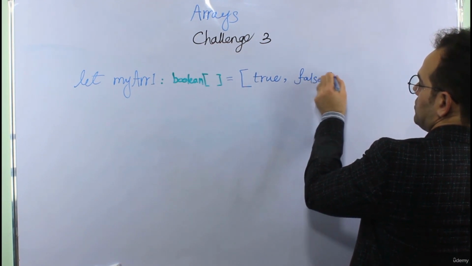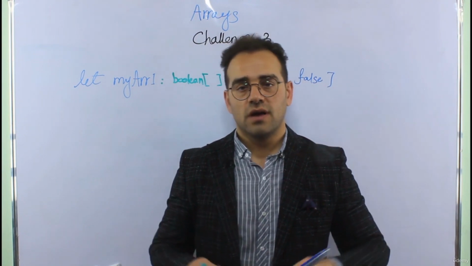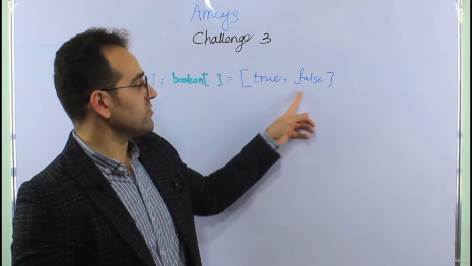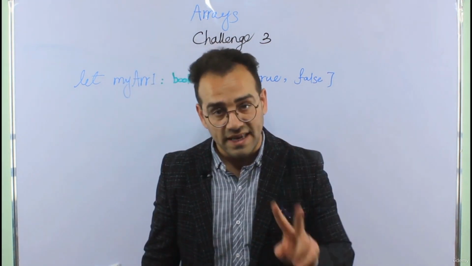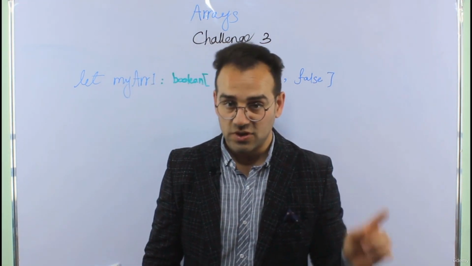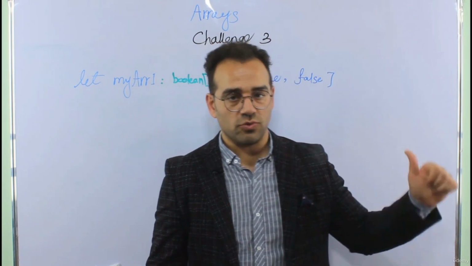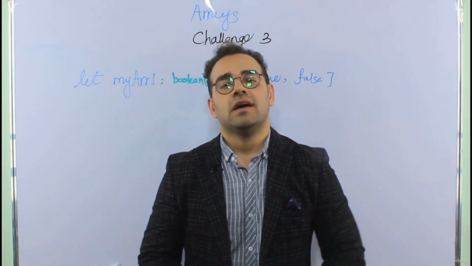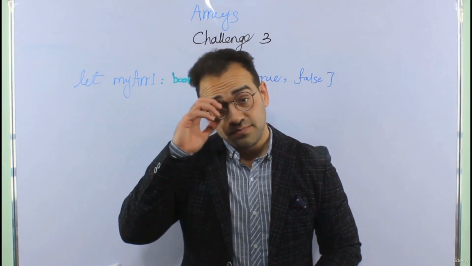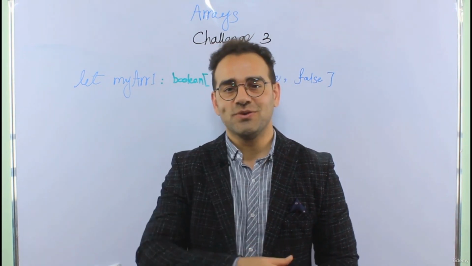Now these 2 values don't have to be true and false. It could be true and true. They could be false and false. They could be false and true. Any combination, as long as they're Boolean values. Other values like a string or a number are not going to work there, and we are going to end up with a type error or a compilation error. And that's it for this exercise. See you in the next one.